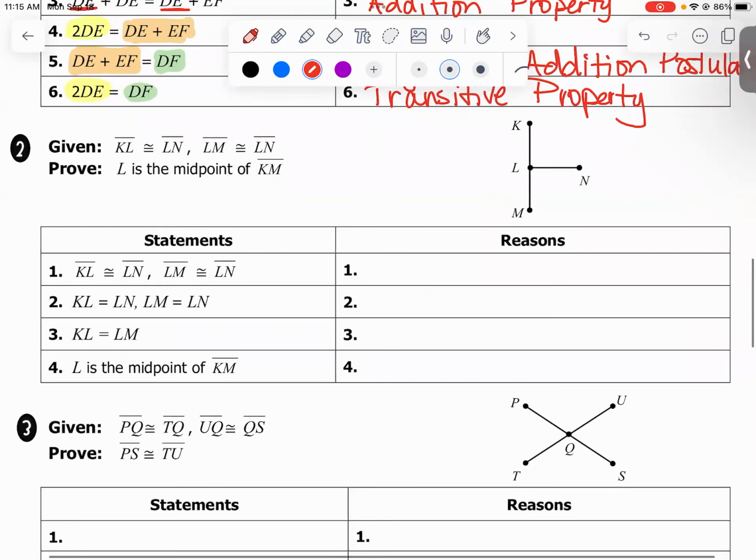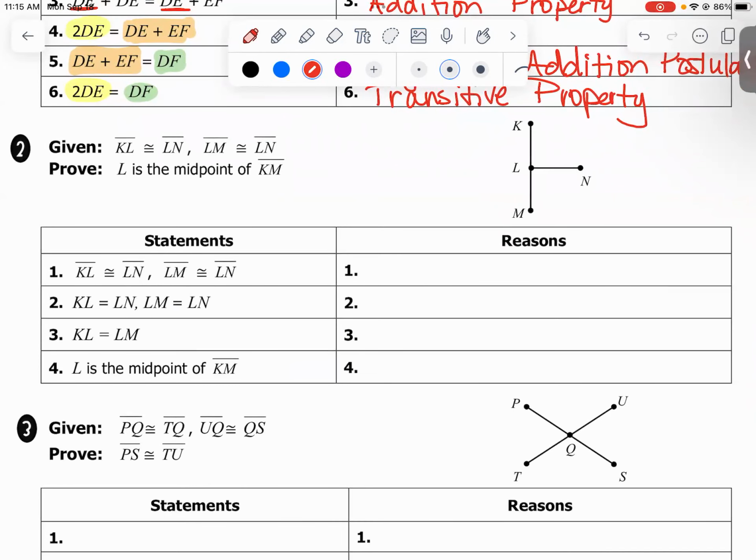Okay, let's look at number 2. Okay, so our goal is to take this picture and prove that L is the midpoint.